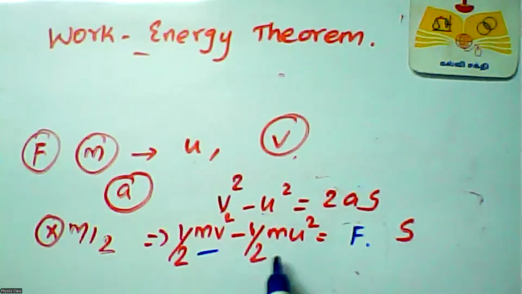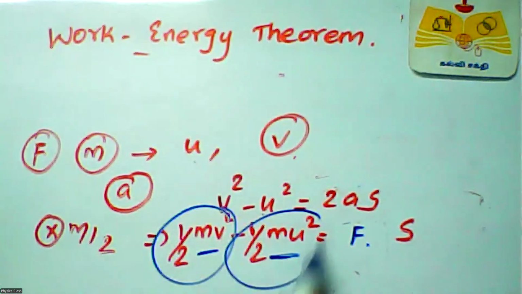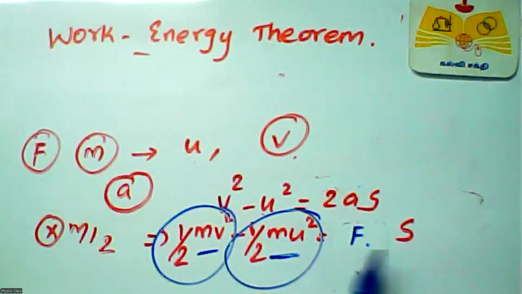It is also kinetic energy because of velocity; we label velocity v and u, final and initial. So minus means change, difference. So change in kinetic energy is equal to F dot S.